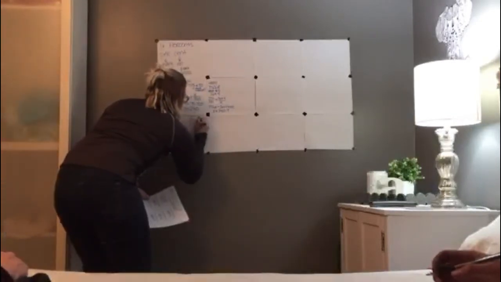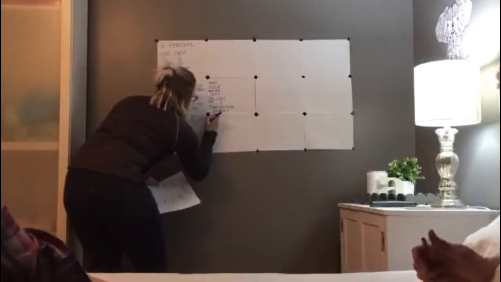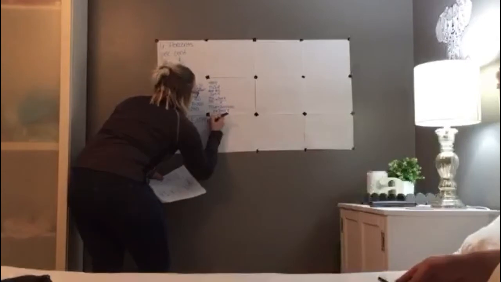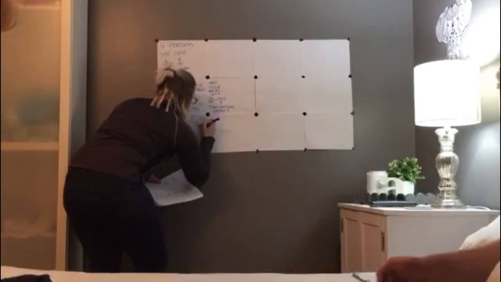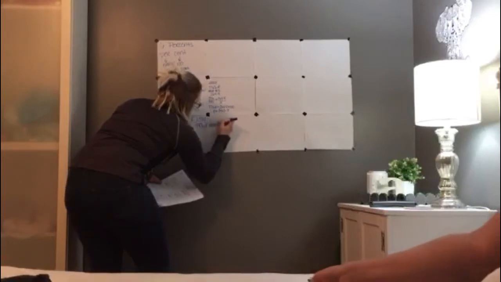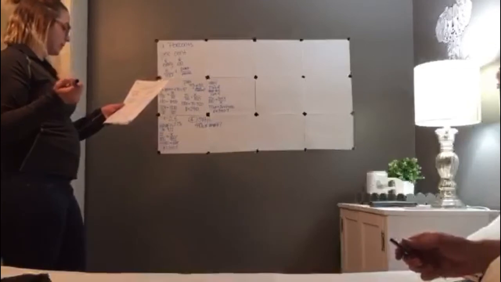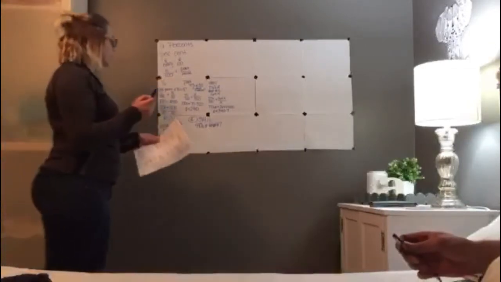So number 4. So you have 314 is 48% of what number? 48 over 100. Okay.